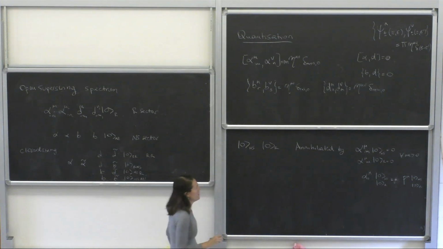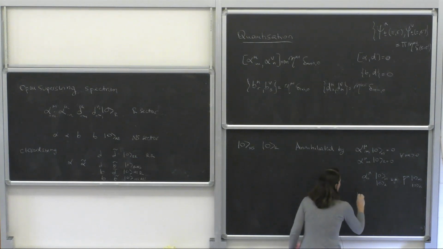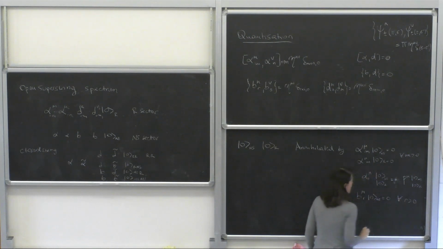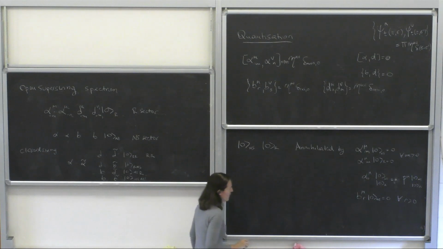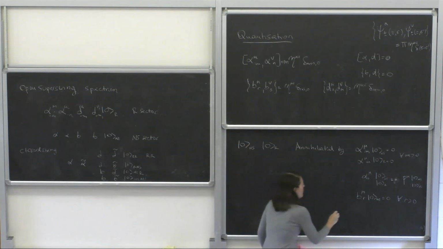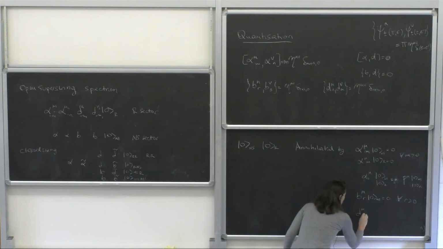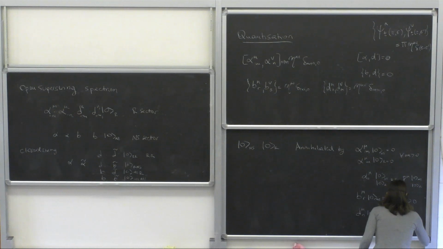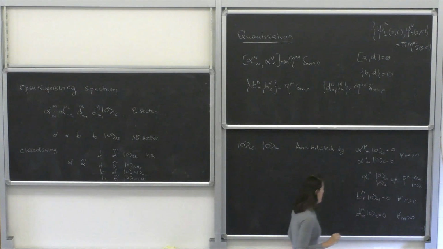Now, if we are in the NS sector, these are the b's: b_r^mu on |0, NS> is equal to 0 for all r greater than 0. While if you are in the Ramond sector, d_n^mu on |0, Ramond> is equal to 0 for all n greater than 0. For all m greater than 0.